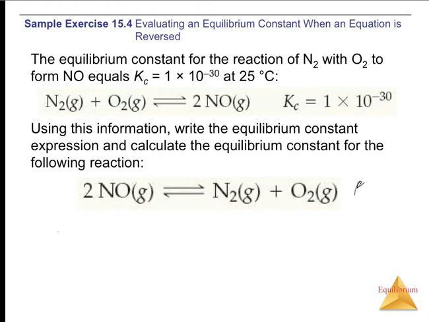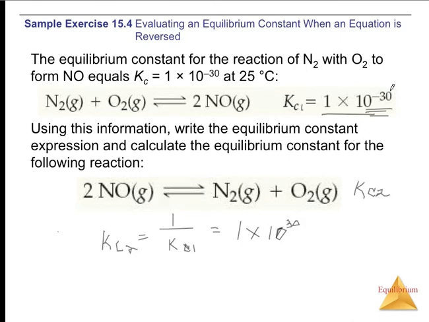So I'm looking for Kc2, call this Kc1. Kc2 is the reciprocal of Kc1, so that will be 1 times 10 to the 30th if you take the reciprocal of that. This K for the original equation is very small, 10 to the negative 30.